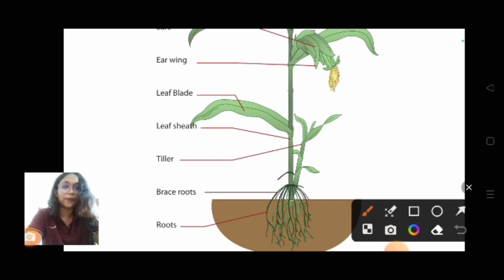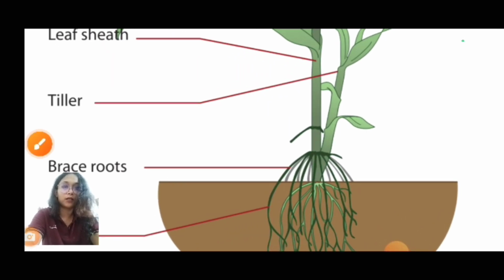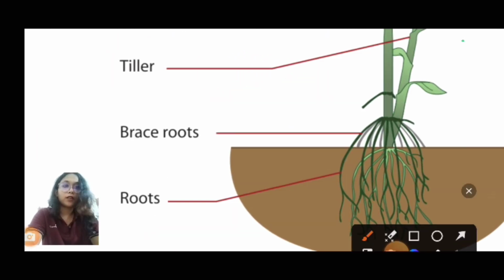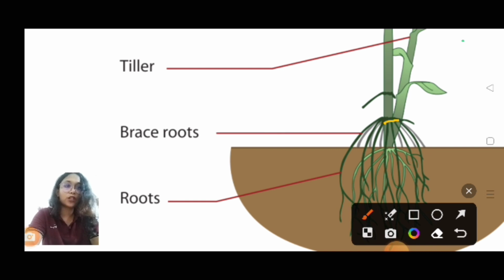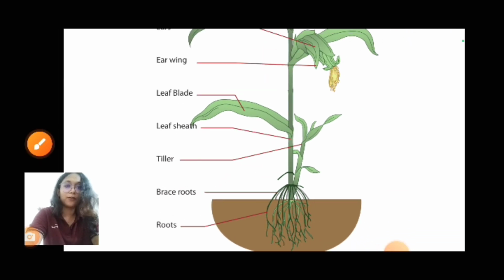You can see here, I'll zoom it a little bit. So here see, from this portion the roots are arising. Can you see? Okay, not from the radicle. Okay. Is it clear to you all now? These are the examples of adventitious root system.